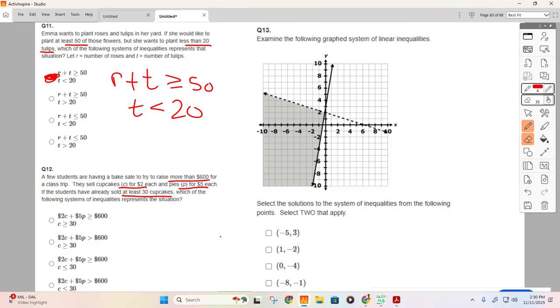If every cupcake C is $2, it'll be 2C, plus $5 times the number of pies, and we want this amount to be more than, so greater than, 600. So I can already eliminate these two. The last part says the cupcakes, she wants at least, so that means it's going to be greater than or equal to 30. So it is option B for me.